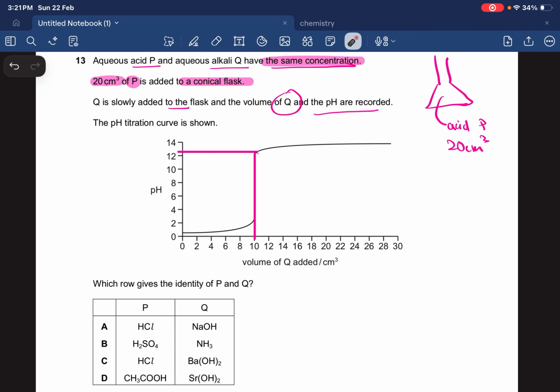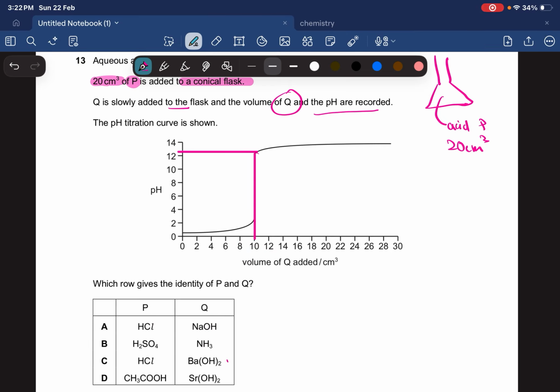So over here, first things first, compared to the acid, Q should have twice the amount of OH⁻ ions, because we need half the volume of Q compared to the volume of the acid. I hope you get it.